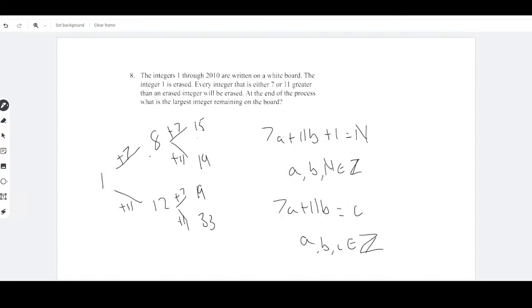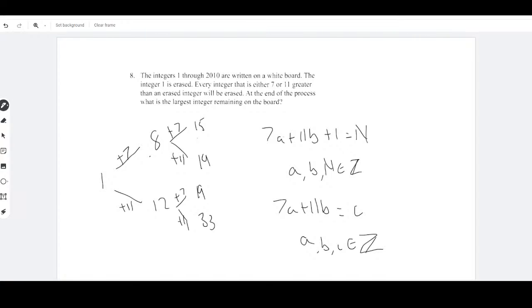Okay. Bill, are you good with everything so far? Yeah. Shreya, do you understand the concept of mods? Kind of, not really. Okay.